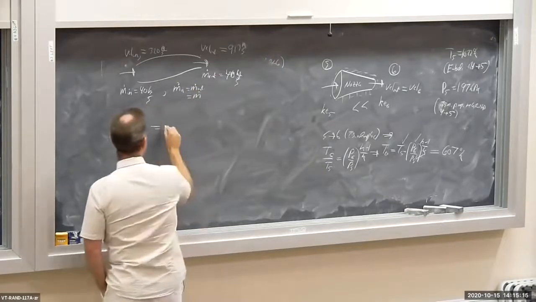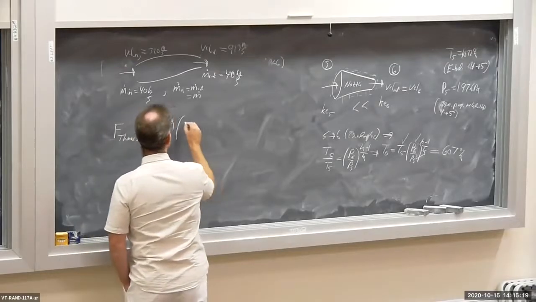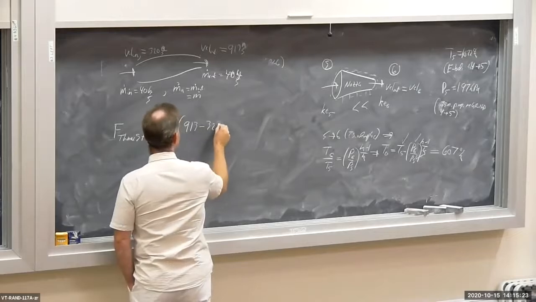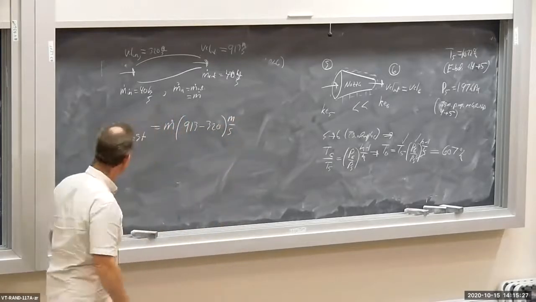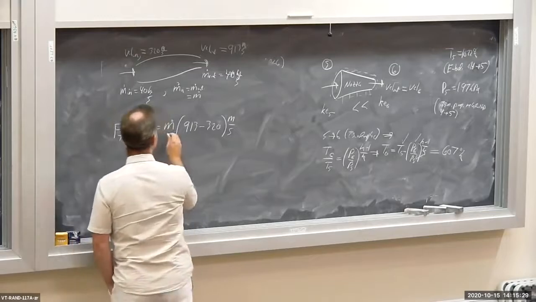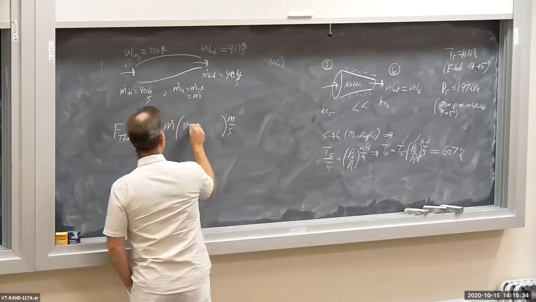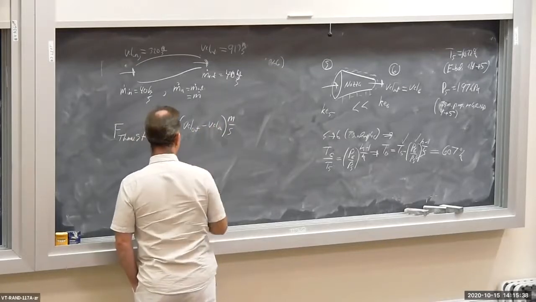So F thrust is equal to M dot for the air times the difference between the outlet and the inlet velocities, VEL out minus VEL in.